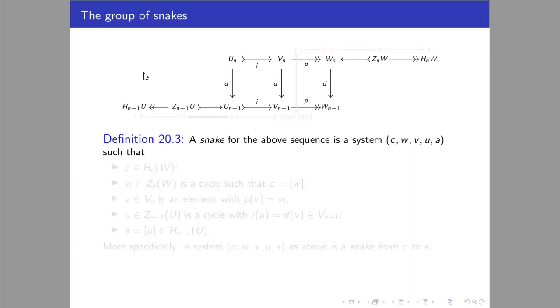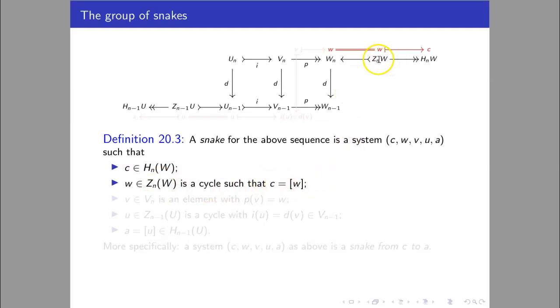Okay, so a snake for the above system is a system C, w, v, u, a with the following properties. Firstly, C over here is an element of the homology group H_n(W). And then w is going to be a cycle in Z_n(W) that represents C. So C is going to be bracket w.